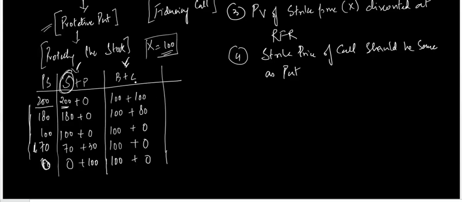In this scenario, this is known as fiduciary call, because whatever the price in the market, I have invested in such a way so that this bond always pays me this 100, the exercise price of the stock. Now let us look over here.